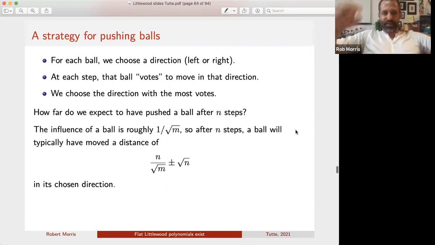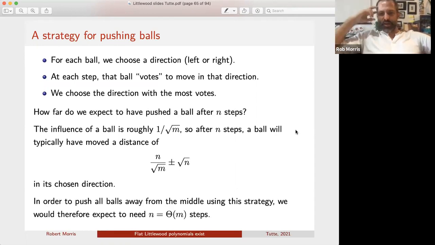So the drift is about 1 over root m. So after n steps, you expect to have moved about n over root m in your preferred direction, with some error of about plus or minus root n. This is the typical behavior of a ball. So it will drift because its influence on the voting scheme is 1 over root m. It will drift at about that speed in its preferred direction.